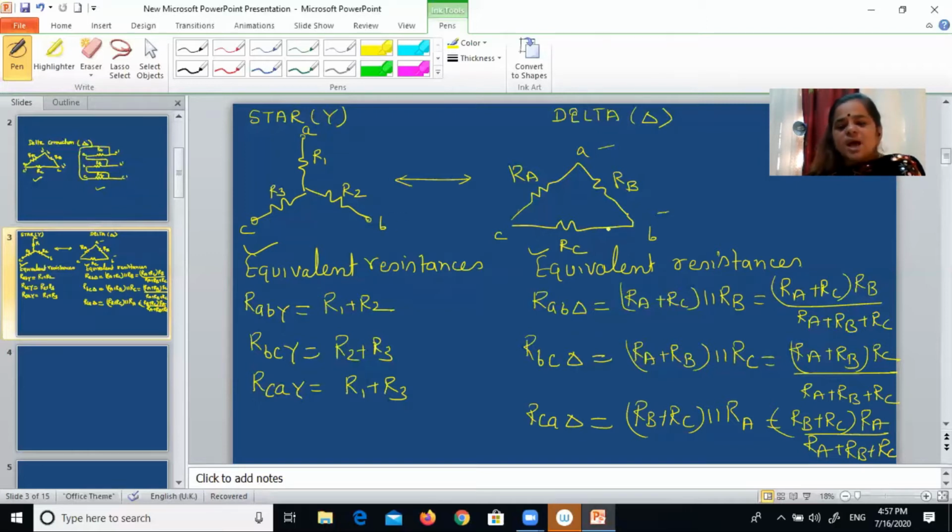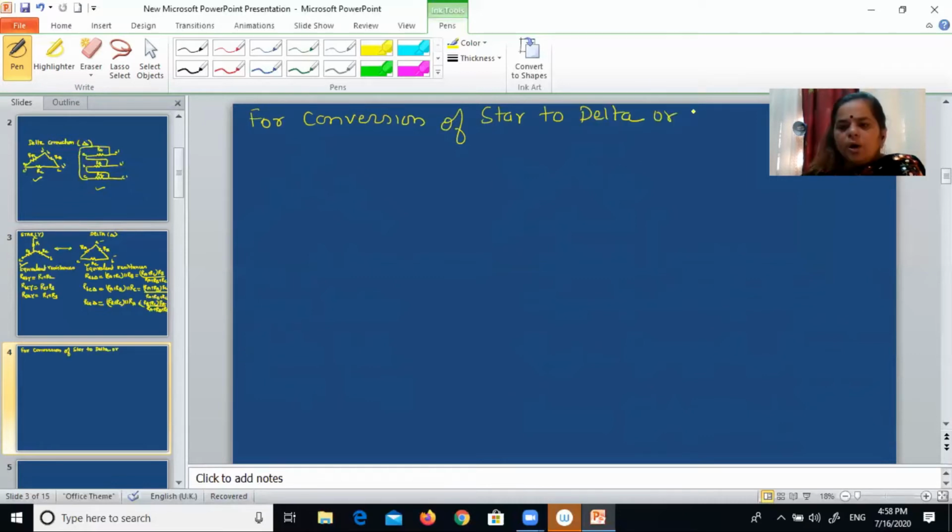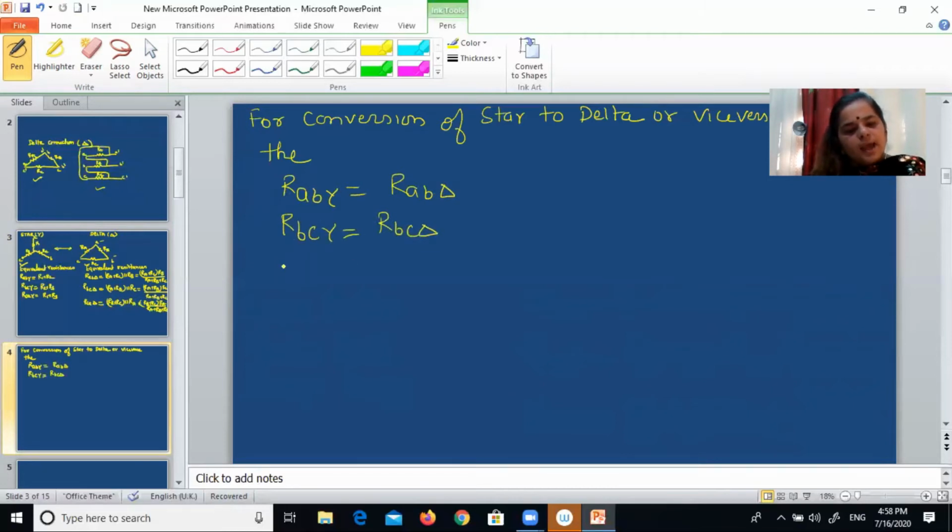Similarly, RBC star should be equal to RBC delta and RCA star should be equal to RCA delta. So for conversion of star to delta or vice versa, RAB star should be equal to RAB delta, RBC star should be equal to RBC delta, and RCA star should be equal to RCA delta.